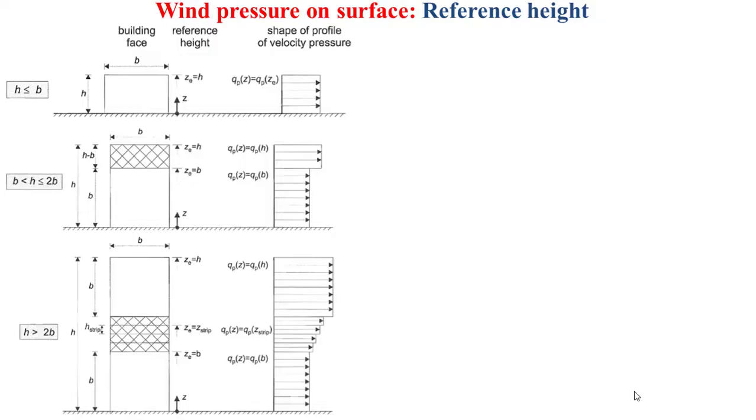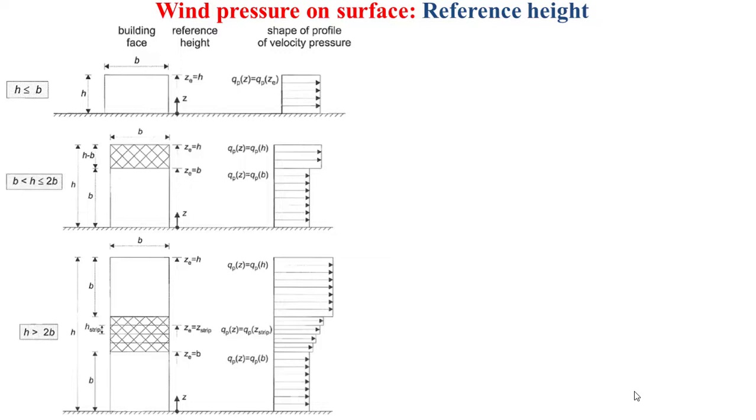We have the lower part, which is extending upward from the ground by a height equal to the depth B, and we have an upper part which is extending downwards from the top by a height equal to the depth of the building B, and we have an intermediate part between the lower and the upper parts, which can be subdivided into several strips.